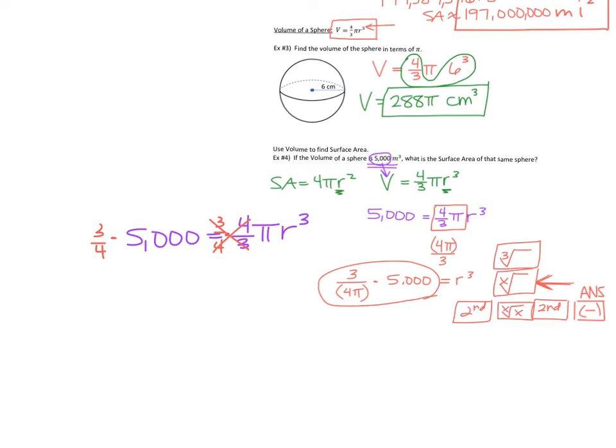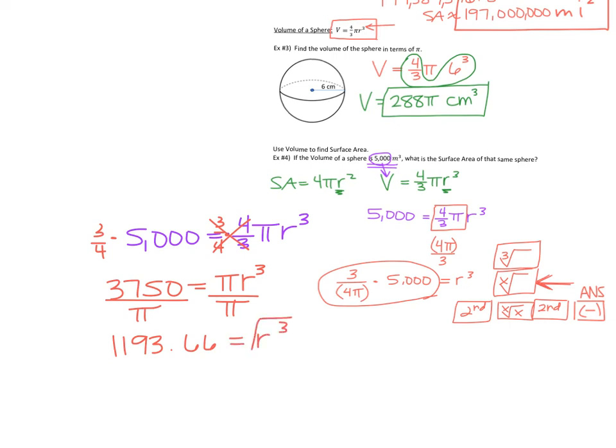So we'll go 3/4 times 5,000 is 3750 equals pi r cubed. And then you can divide by pi if you're worried about plugging things in wrong. So divided by pi is this number. So if you did it all as one step, you should have gotten this right off the bat.